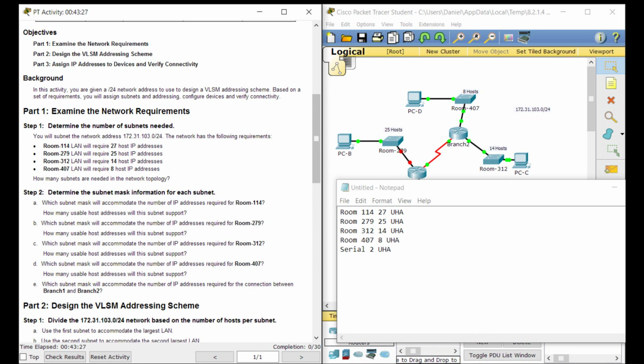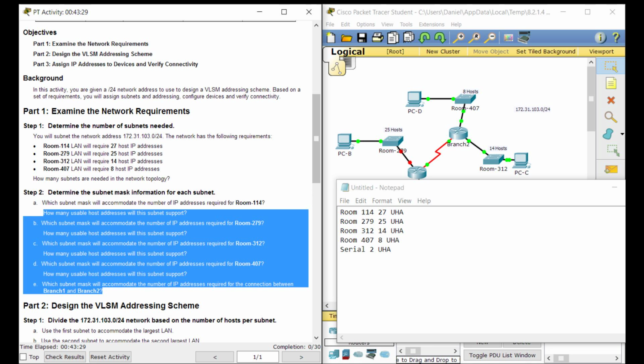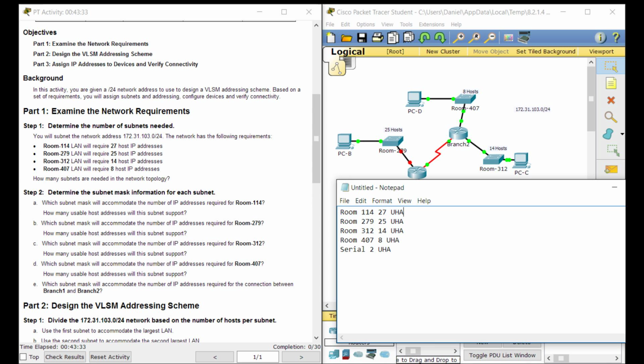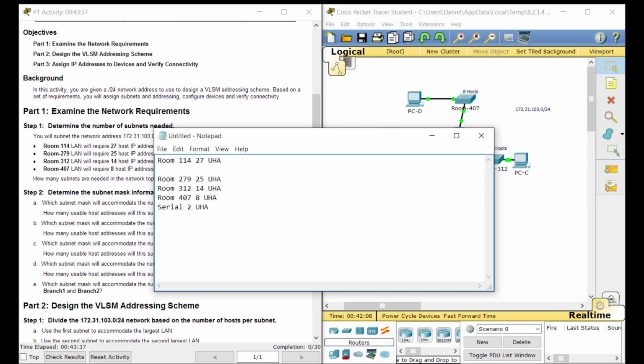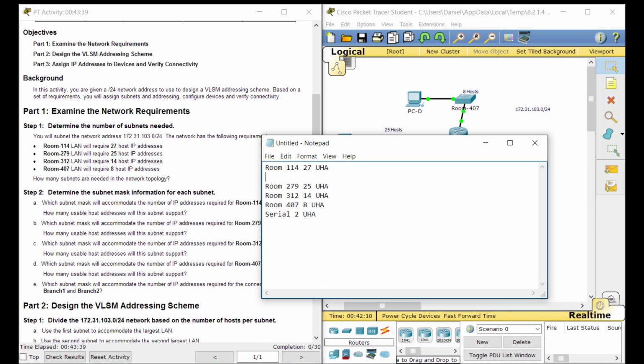Okay, so next step, determining the subnet masks for each one of these networks. Let's start with room 114, 27 usable host addresses. The formula for calculating usable host addresses is 2 to the power of the number of zeros, or the host bits, minus 2, and that will equal the usable host addresses.